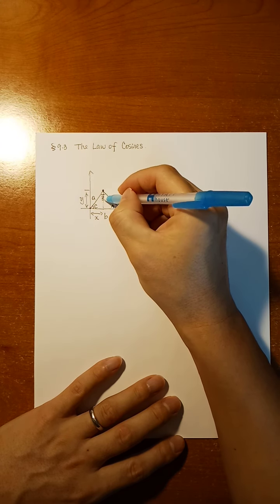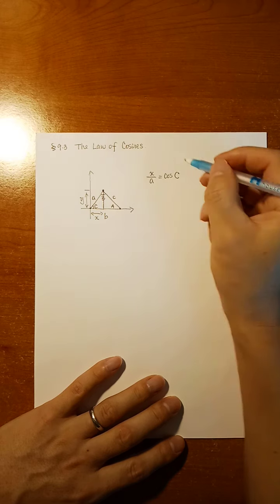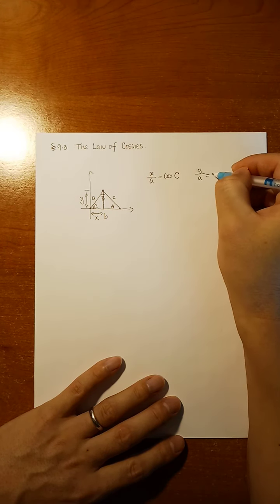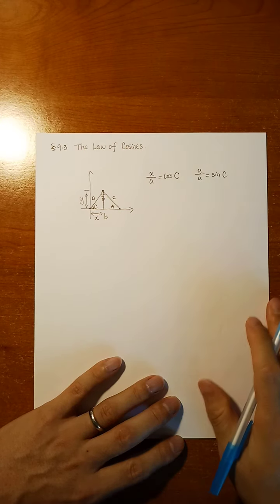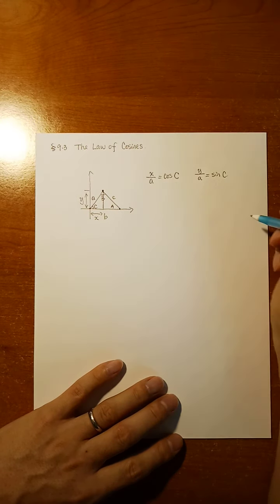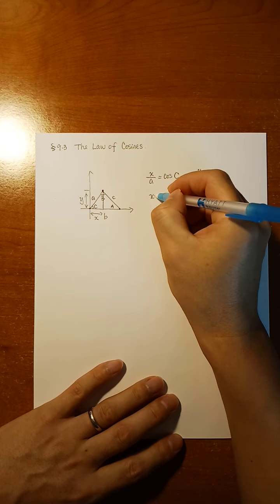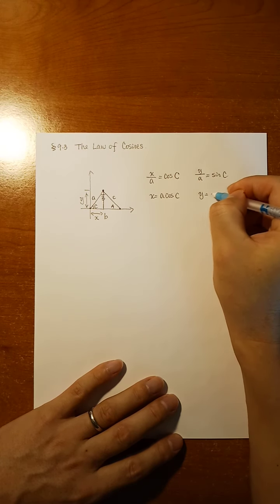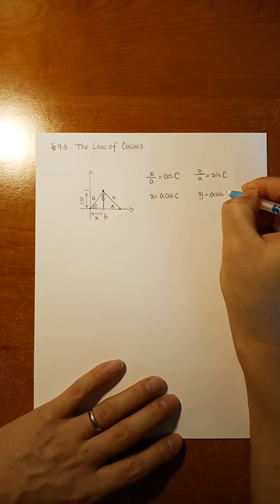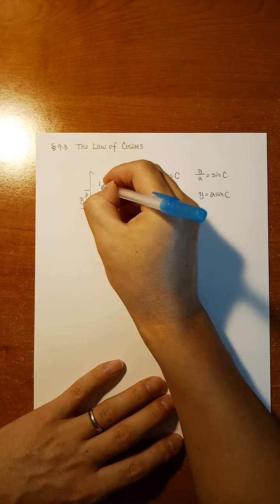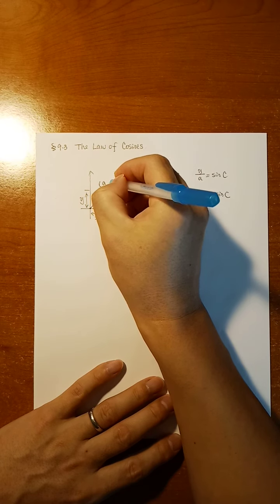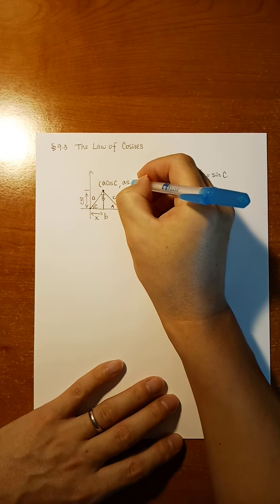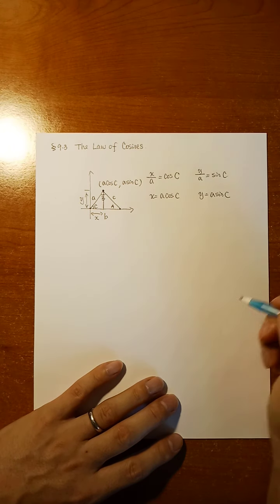Y is its height, right? So y over hypotenuse is sine of C by the definition of sine and cosine in the right triangle. And from here we get x equal to A cosine of C, y is equal to A sine of C. So this point has x coordinate A cosine of C, y coordinate A sine of C.